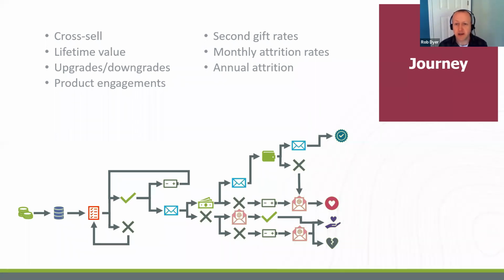Cross-sell, top of the list there. Really useful to see what someone's done. But what we don't necessarily know from this metric in isolation is what impact that's had when they've moved from one product onto another. Has it stopped them donating to that first product and only donating to the second one?